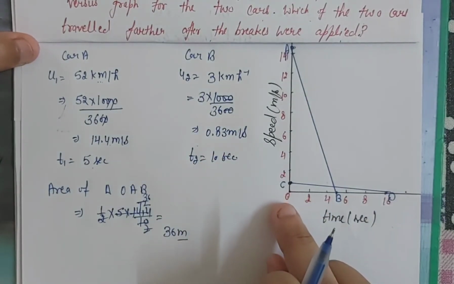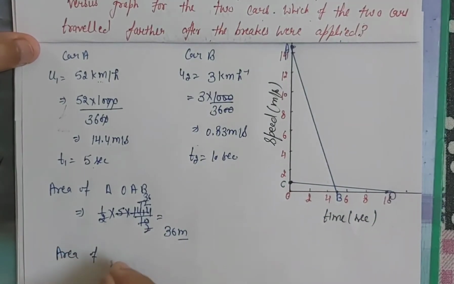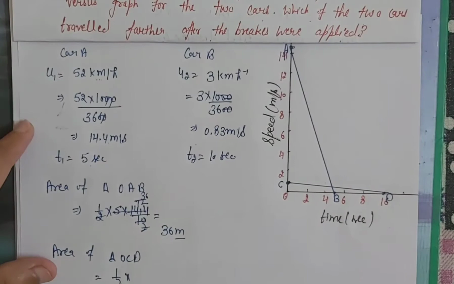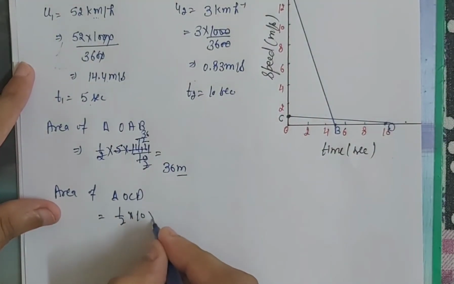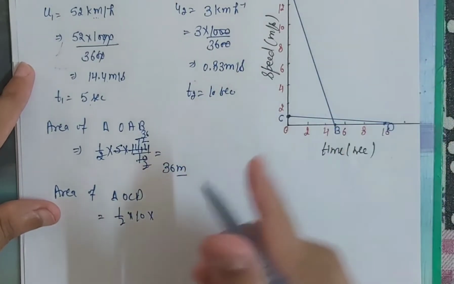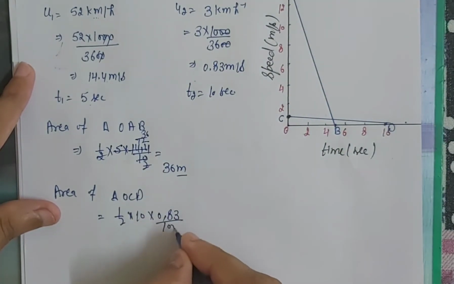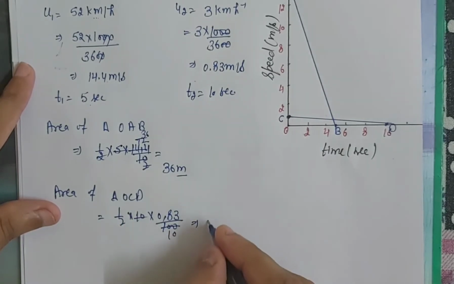For car B, the area is the area of triangle OCD. Same formula. What is the time value? 10, and this value is 0.83. So after solving it, it will be equal to 4.15 meter.